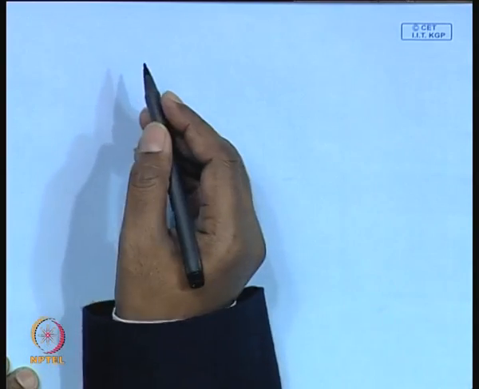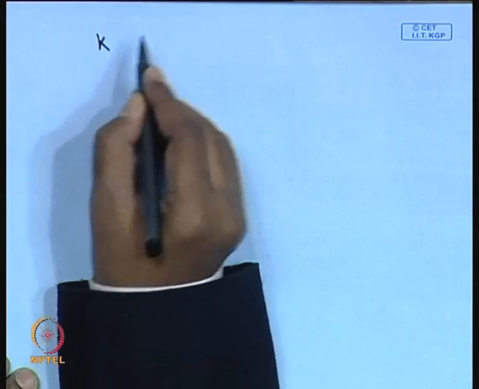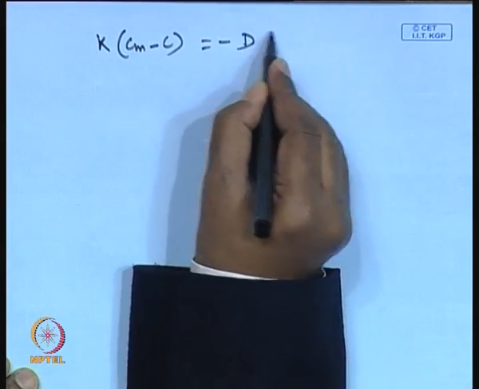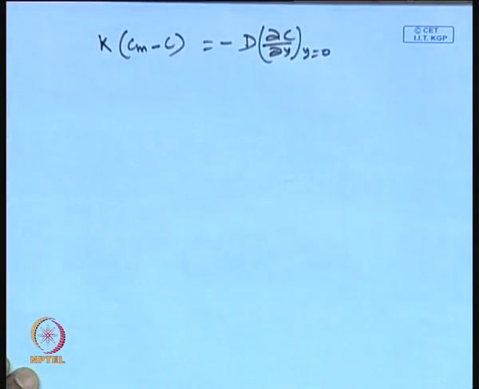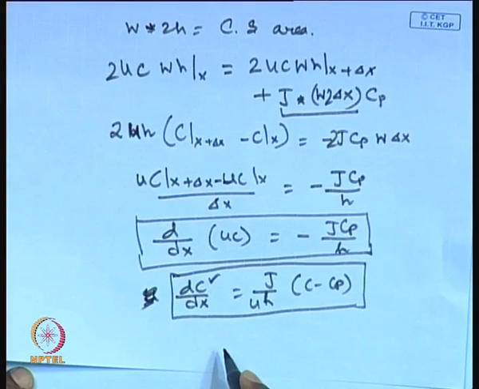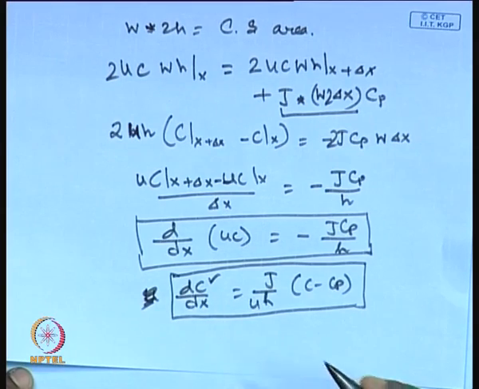So, that will be taking recourse to the definition of mass transfer coefficient, and we will calculate that k times (Cm minus C) is nothing but -D ∂C/∂y at y equal to 0. If you remember, the value of C that we are putting here is nothing but the cross sectional average bulk concentration. So, this is basically the bulk concentration we talked about earlier.